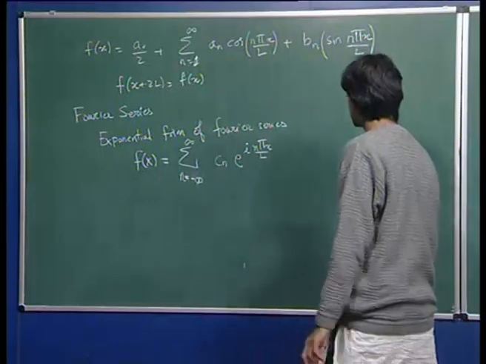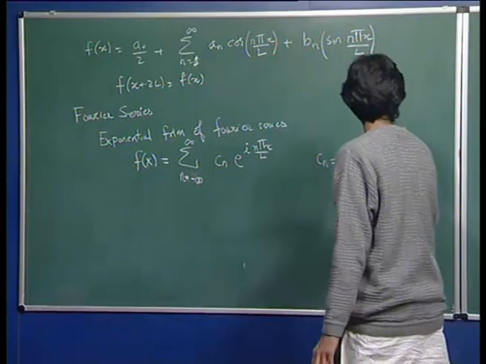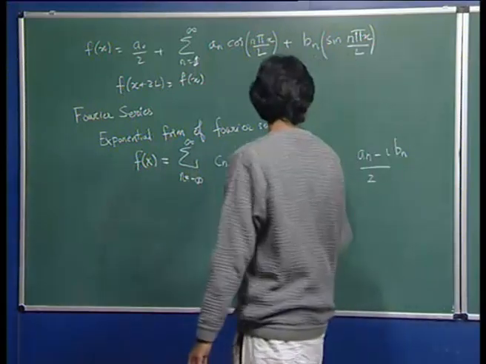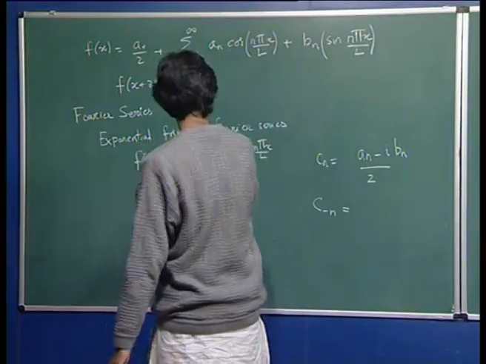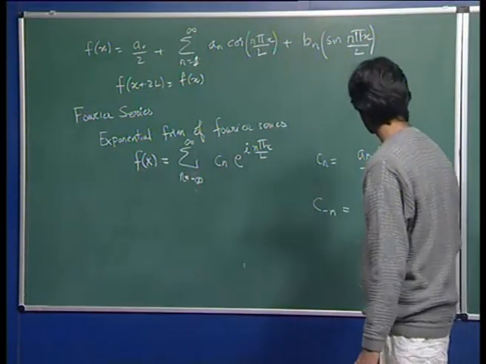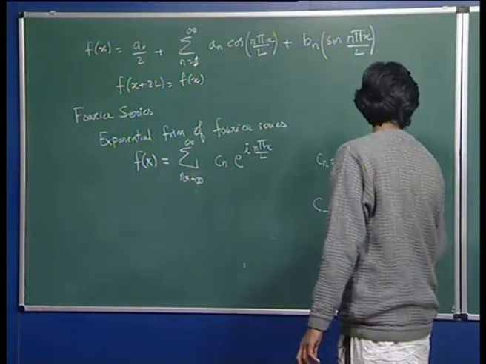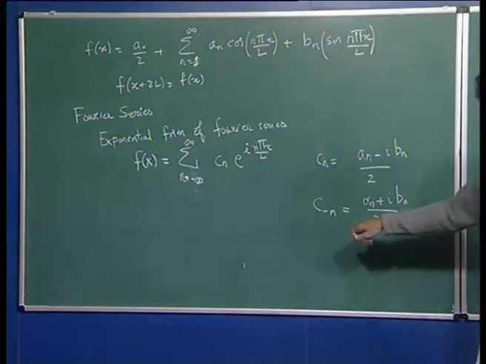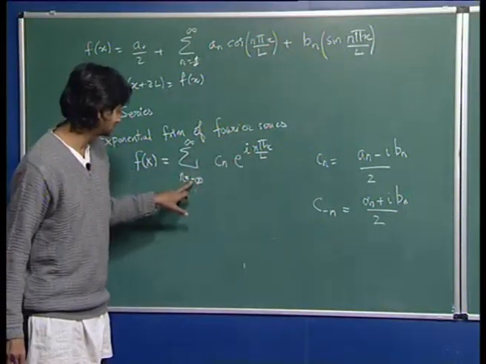If you notice that C_n is equal to (a_n minus i b_n) by 2, and C of minus n, so this goes from minus infinity to plus infinity, C of minus n is equal to (a_n plus i b_n) by 2. You can show this quite easily, by just doing this expansion, taking the terms separately.